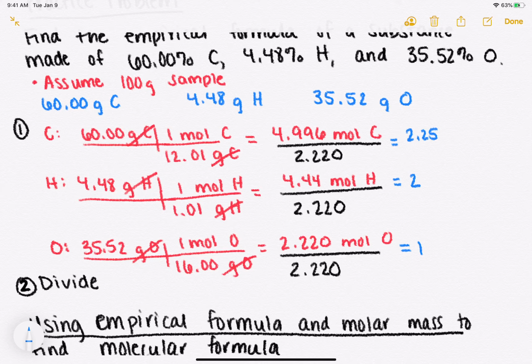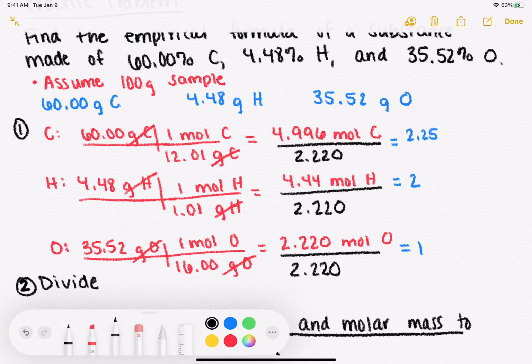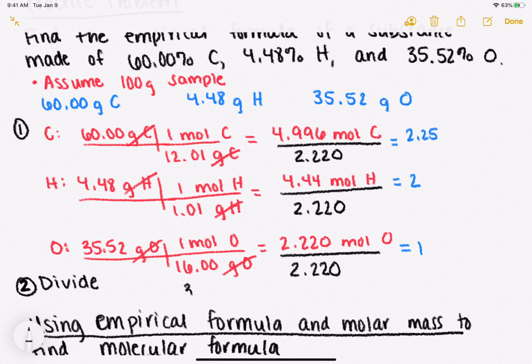So as you can see, we have a decimal there, which means that we do need to go on to step 3, which is to multiply to remove the decimal. So what do we want to multiply by? Well, in order to turn the 2.25 into a whole number, the smallest number that we can multiply that by is 4.